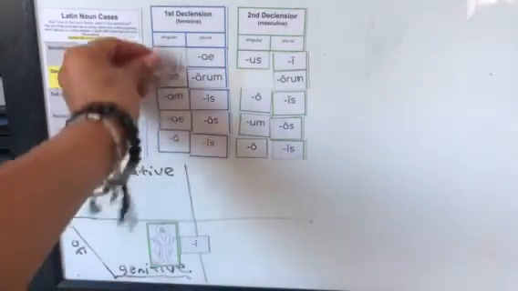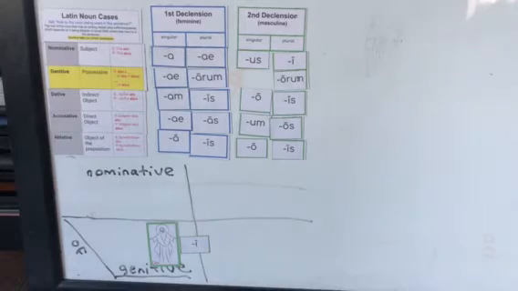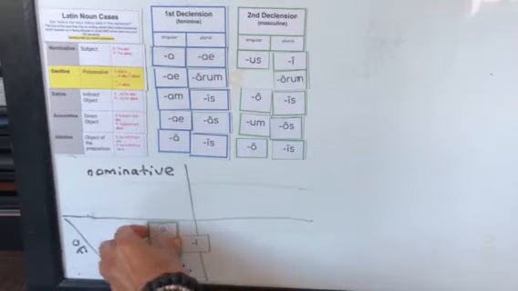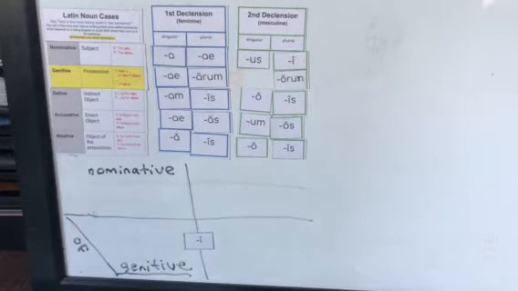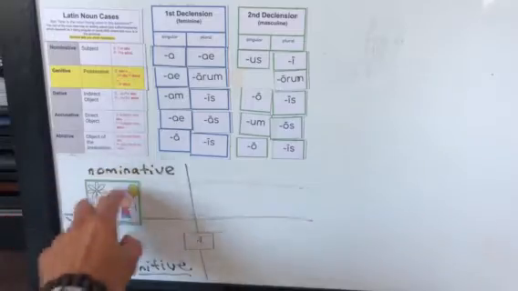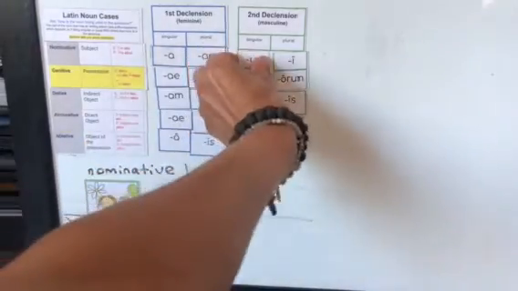Number 2 is amicus servi. Amicus servi. So your subject is friend, amicus. Amicus. It's going to be singular.